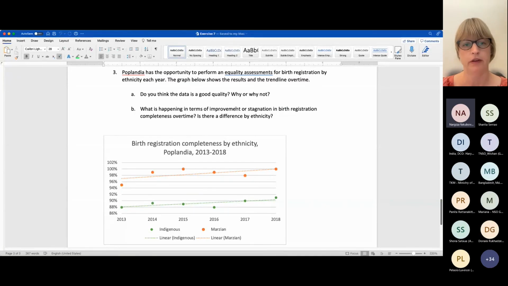All right, so if we look at question 3, let's say that Papulandia has the opportunity to perform an inequality assessment for birth registration by ethnicity each year. It's supposed to say inequality, so let me change that. The graph below shows the results as well as the trend line over time.